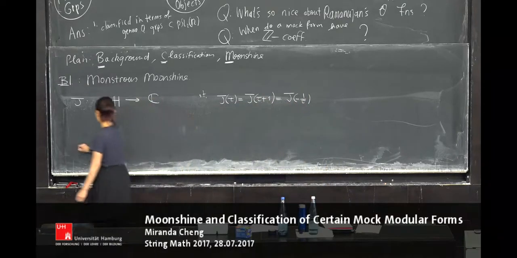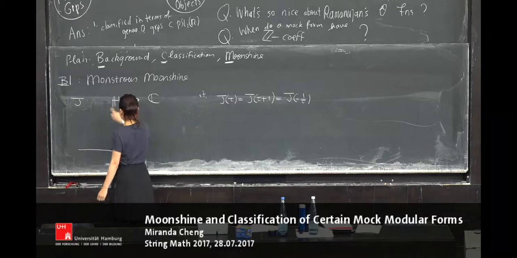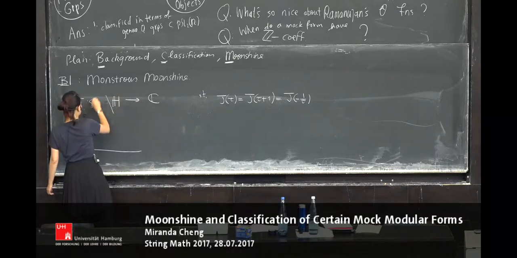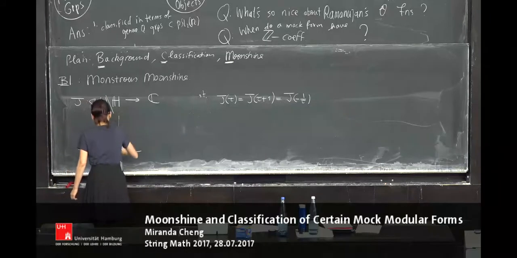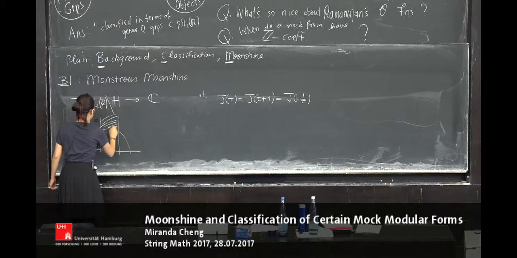Instead of thinking about it as a function on the upper half plane, we can think about it as a function defined on the modular curve, namely this keyhole fundamental region.